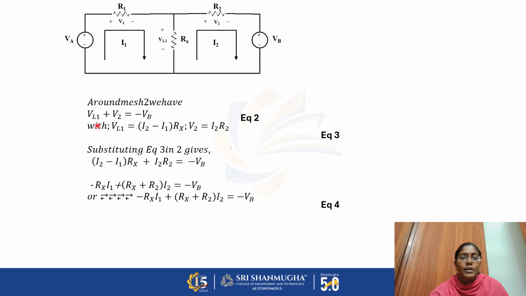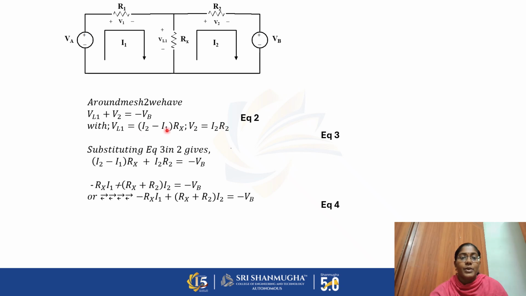So how can you find VL1? By applying Ohm's law, the current flowing across the resistance Rx is I2 minus I1. Since you are writing the equation for the second mesh, you write I2 minus I1 into Rx. And the voltage across resistance R2 is V2 equal to I2 into R2.